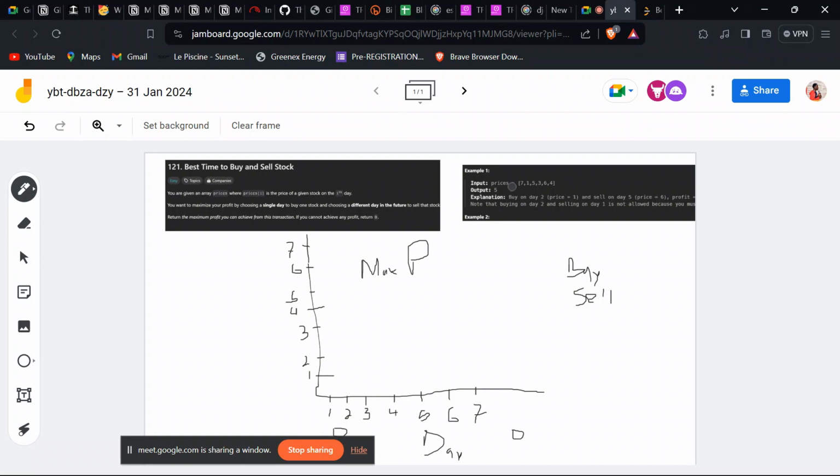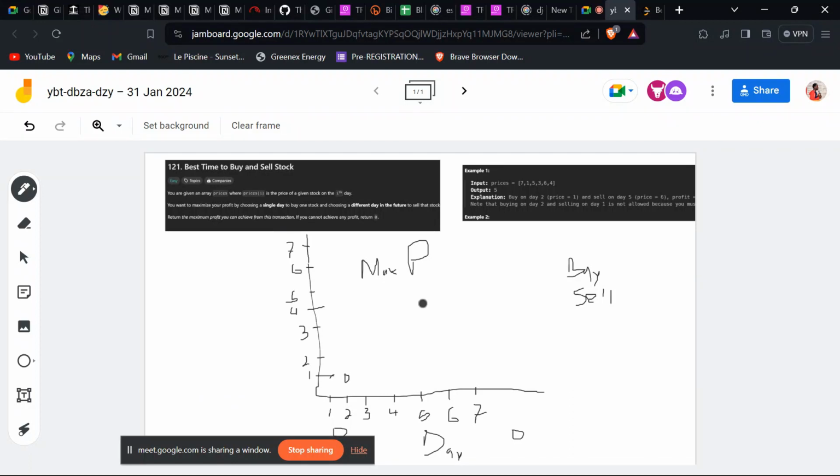In this example, the output will be 5. So you buy on day 2, let's take that example. So we buy on day 2. On the indices, day 2, we have 1 right there.